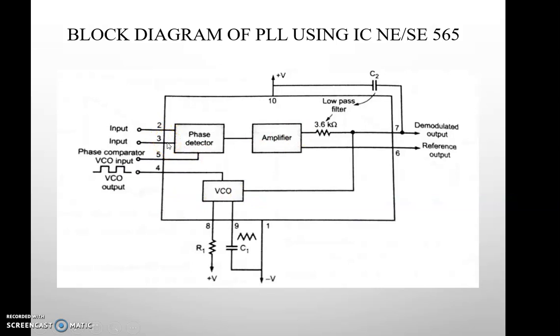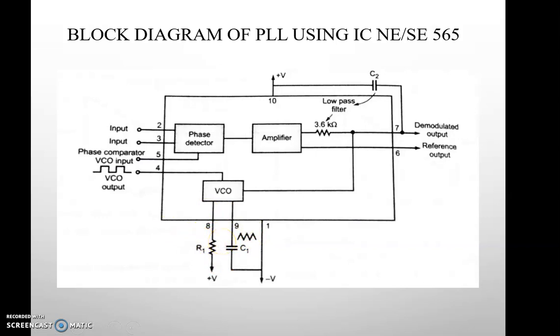Then the free running frequency we have is FO, which is given by 1.2 upon 4 R1 C1 Hertz. Here R1 and C1 are the external resistor and capacitor connected to pin number 8 and 9 respectively.